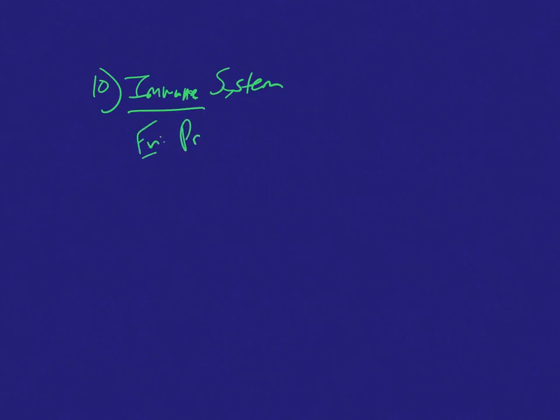All right, system number 10, our second to last system, I know we've been talking for a long time here, is your immune system. Now, the immune system is quite the topic right now with the COVID-19 pandemic and all this stuff. But the immune system's function, right, is protection from infection.